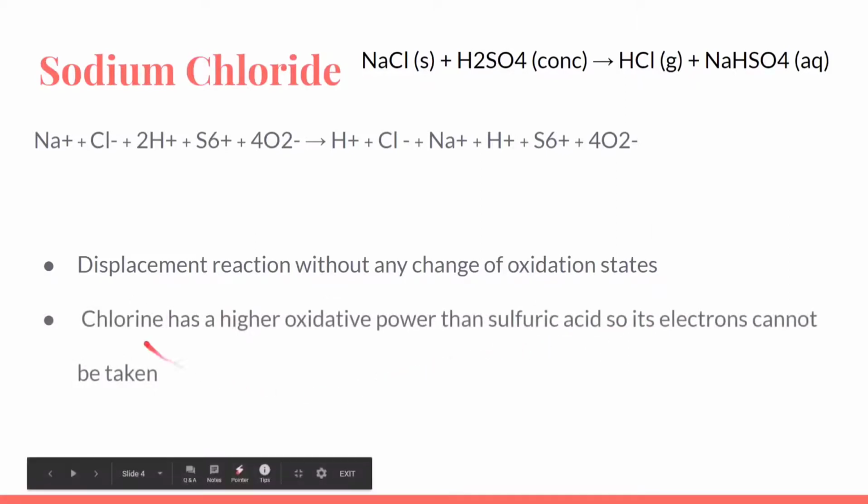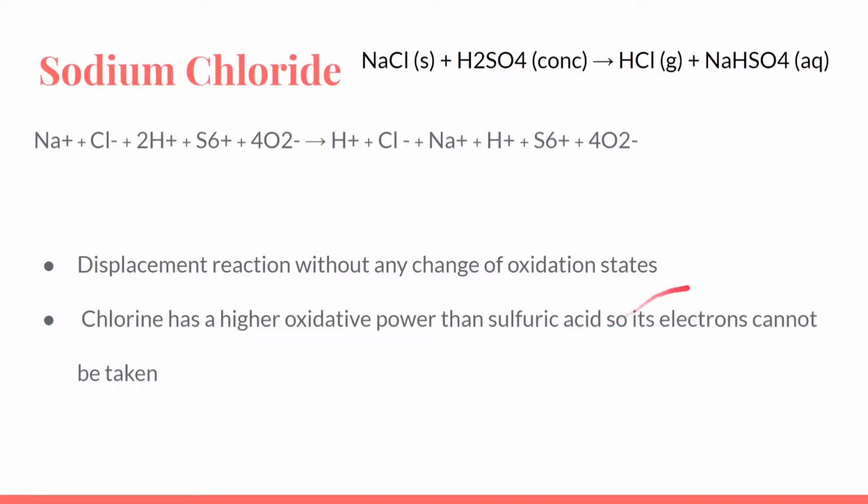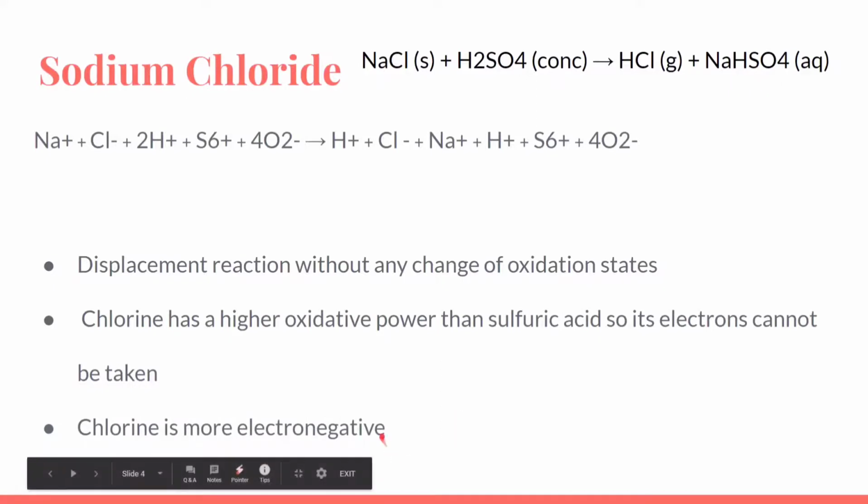And this again is because chlorine also has a higher oxidative power than sulfuric acid, like we saw in the other slide. So sulfuric acid cannot take electrons from the chlorine. And this is because chlorine, again, is more electronegative, meaning it has a higher oxidative power.